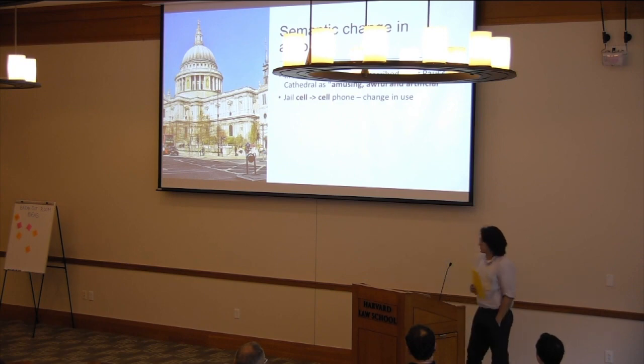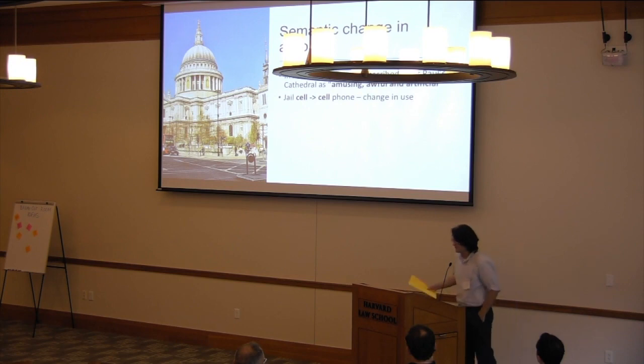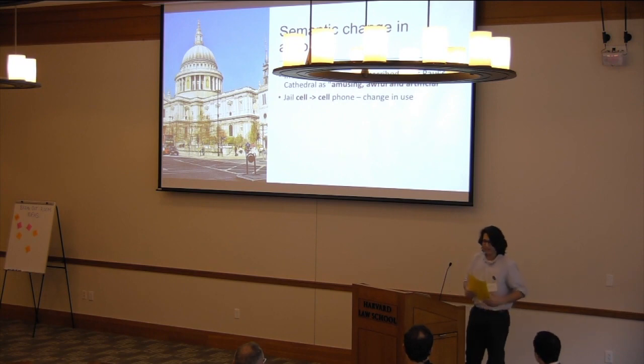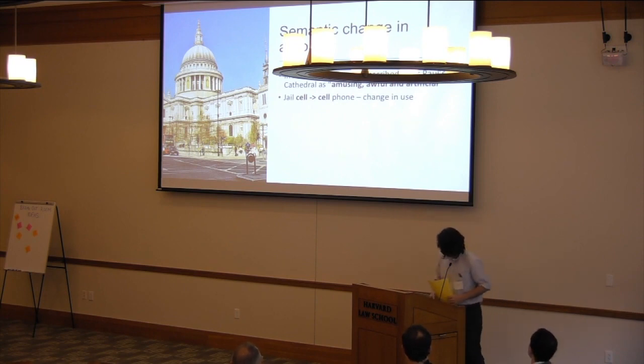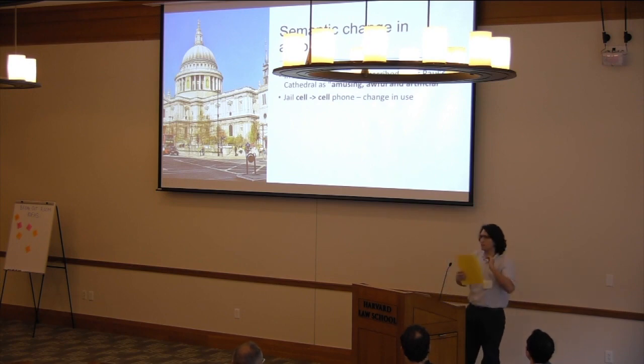And this is another aspect of historical change, basically some words are used for new things, and that would be interesting to see. It's not the same as the example above, because the example above is a very unintended kind of change. But the word cell below represents a change in use of the word cell.